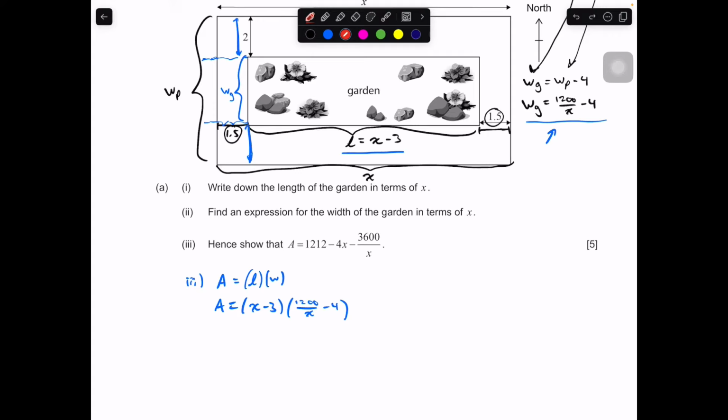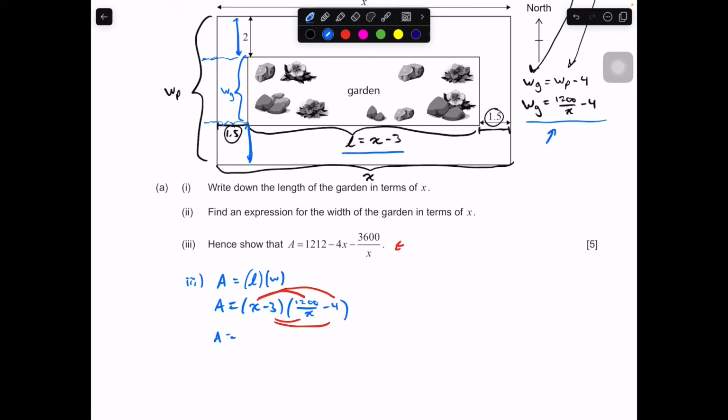So that's already something. What we need to do if we want to write this equation as A is equal to 1212 minus 4x, and so on, is expand, multiply each of the terms by each other. When we do that, we'll get something like this.